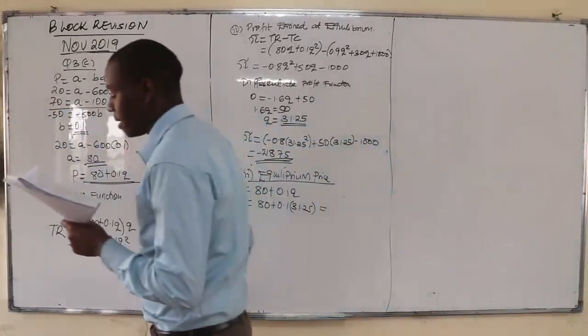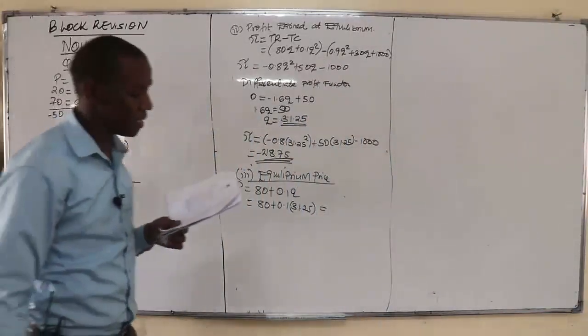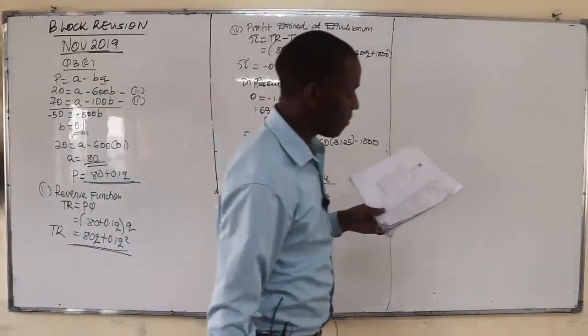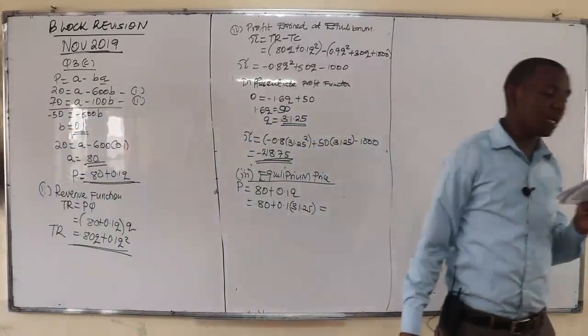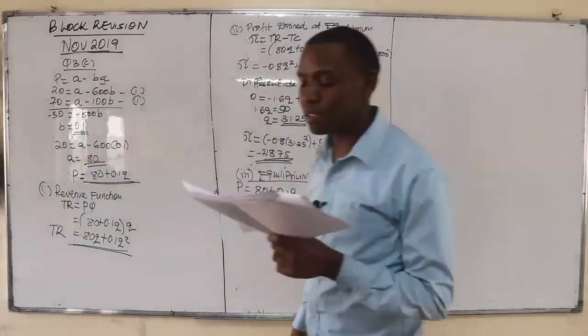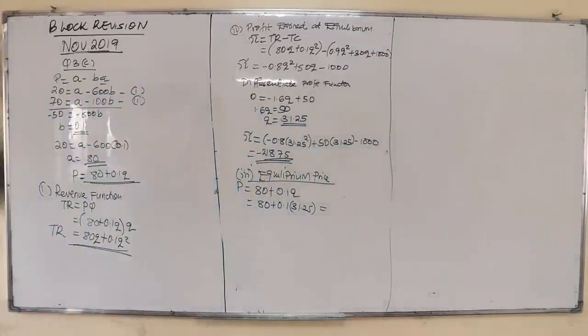The following are the consumption and investment functions of country Y in billions. You have C and I, where C is the consumption, Y is income, and I is investment. You are required to find aggregate spending at equilibrium.